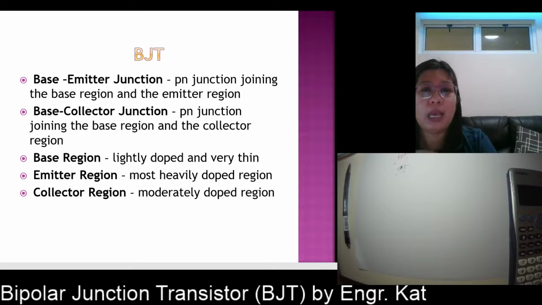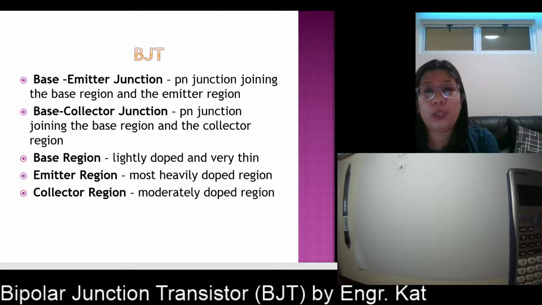So when you say the emitter region is the most heavily doped, that means you have placed more dopants, either more pentavalent impurities or trivalent impurities, compared with the collector region. So when we say most heavily doped, that means this region has the least resistance.